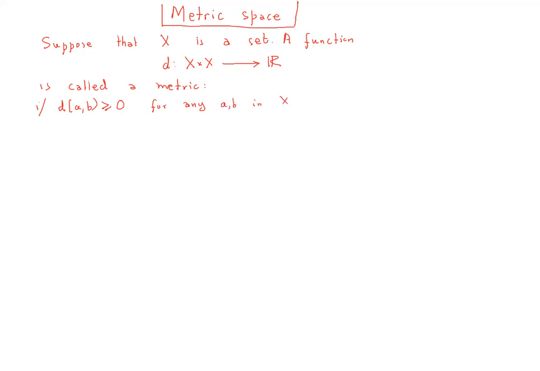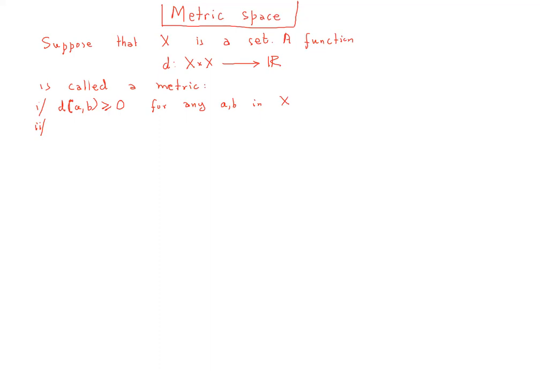The second one is that if you have different elements of X, then the distance between them is positive. Indeed, if it was 0, it would be as if we wanted to identify two distinct things, and that would be a little problematic.